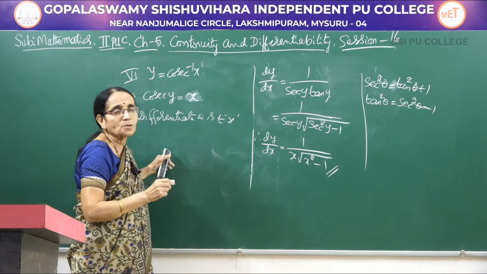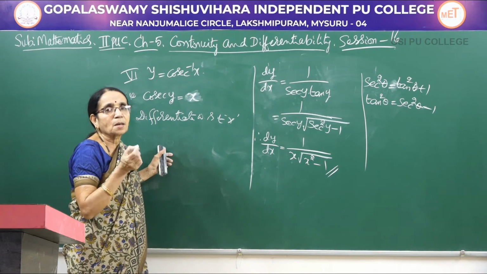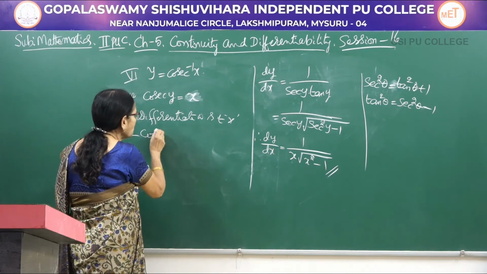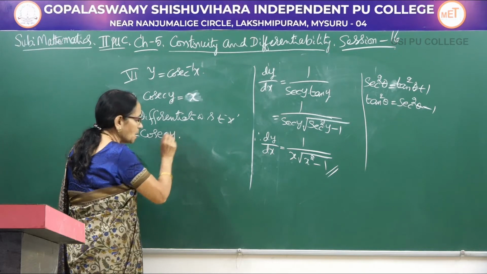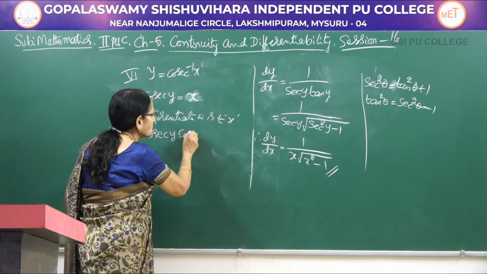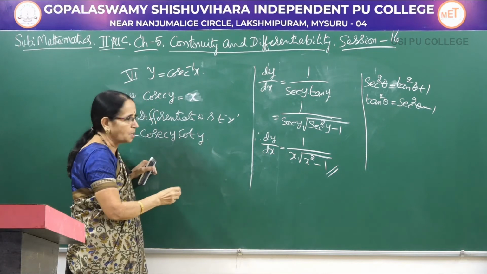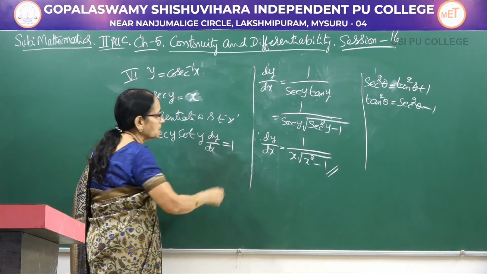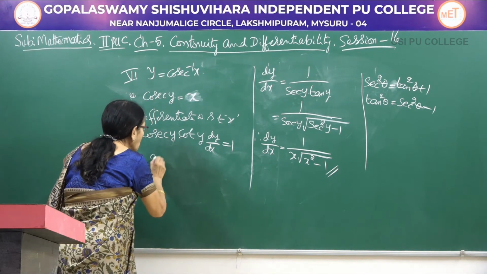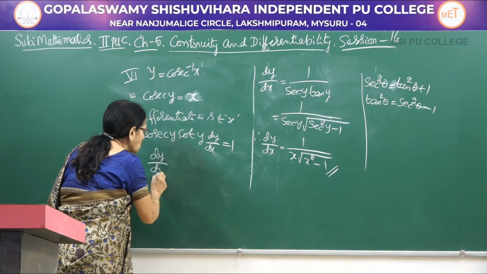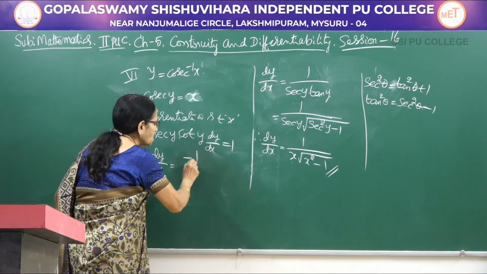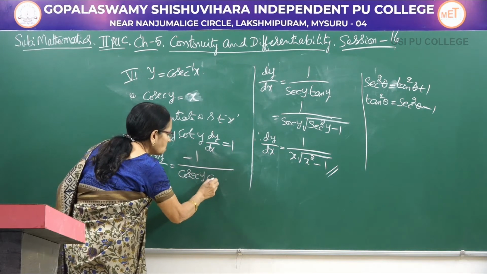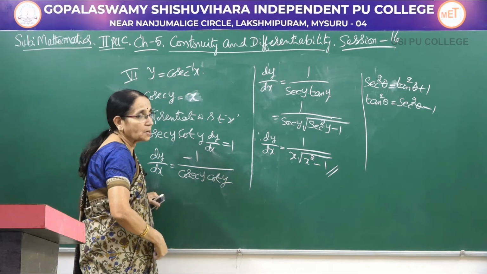Now, again, what is the derivative of cosecant x? It is minus cosecant x into cot x. So, in the place of x, I am having y. It is minus cosecant y into cot y into dy by dx, and for x it is 1. Therefore, what is dy by dx equal to? Same thing, shifting it to the right hand side, minus 1 divided by cosecant y into cot y.